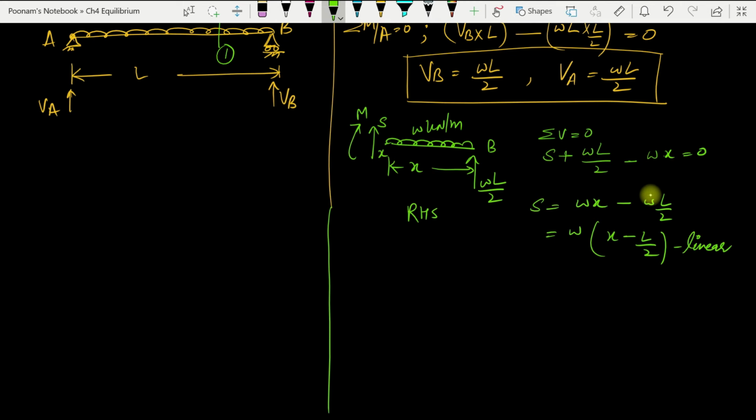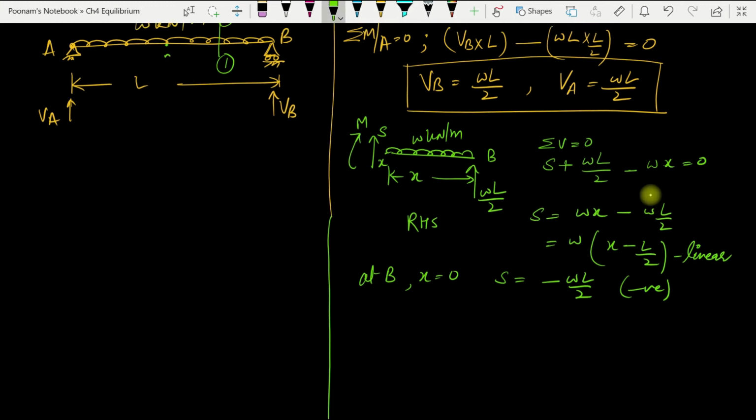So let us find out at point B, x will be 0, so the shear force will be minus WL by 2, it is negative. And let us take the midpoint. Let us take the midpoint of the beam as point C, which is at L by 2 from end B and end A. So at point C, x is equal to L by 2 and my shear force will be W times L by 2 minus L by 2, so it will be 0.